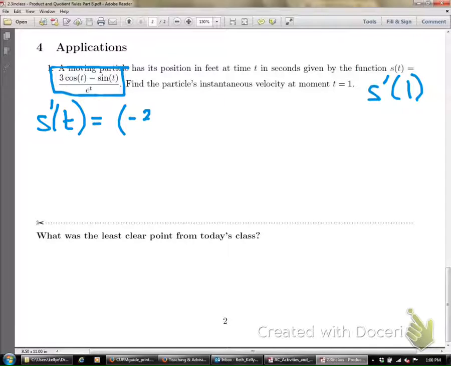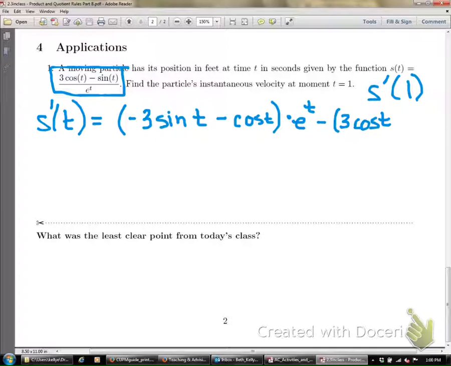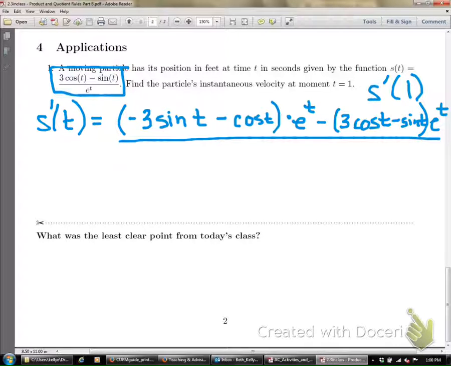So we should get negative 3 sine of t minus cosine of t times, we leave e to the t, that denominator alone, minus, well this time we're going to leave the numerator alone, 3 cosine t minus sine of t, times the derivative of the denominator, and the derivative of the denominator is actually e to the t again. We get all divided by e to the t squared.